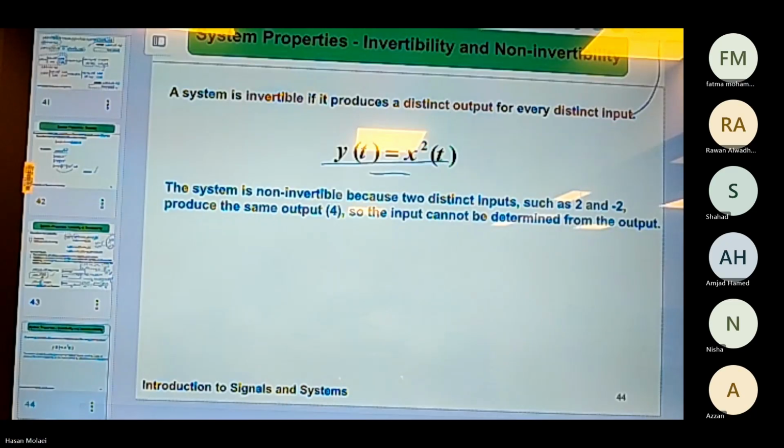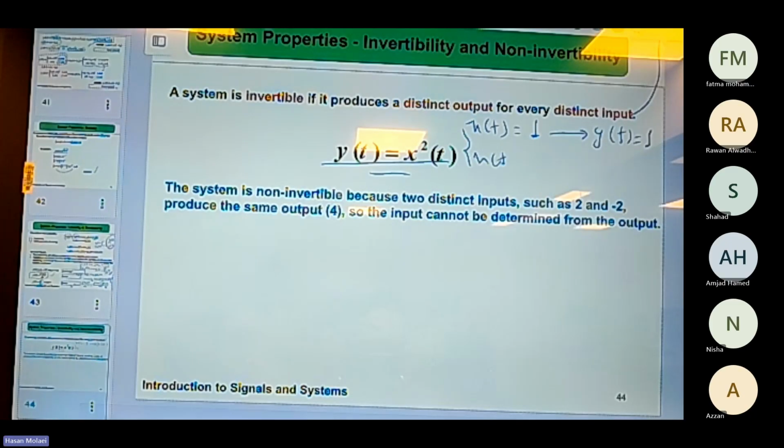Here, if I apply x equal to 1, the output would be 1.